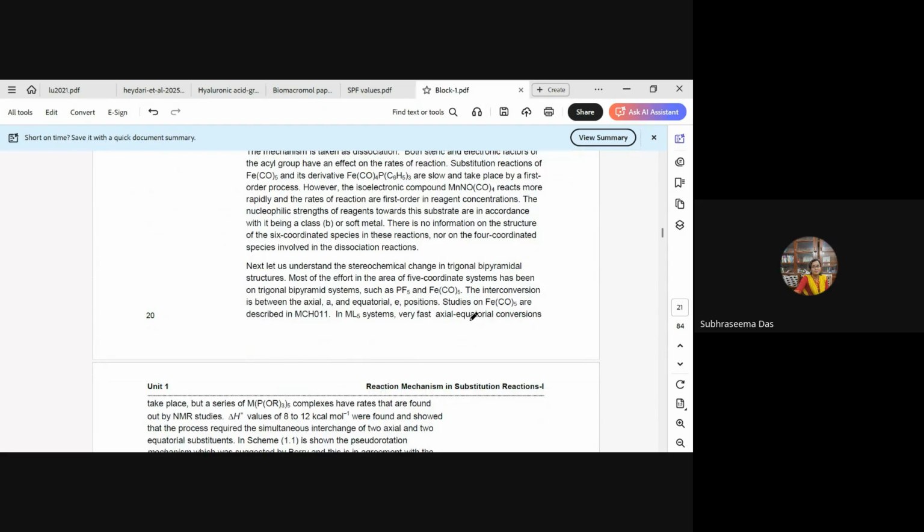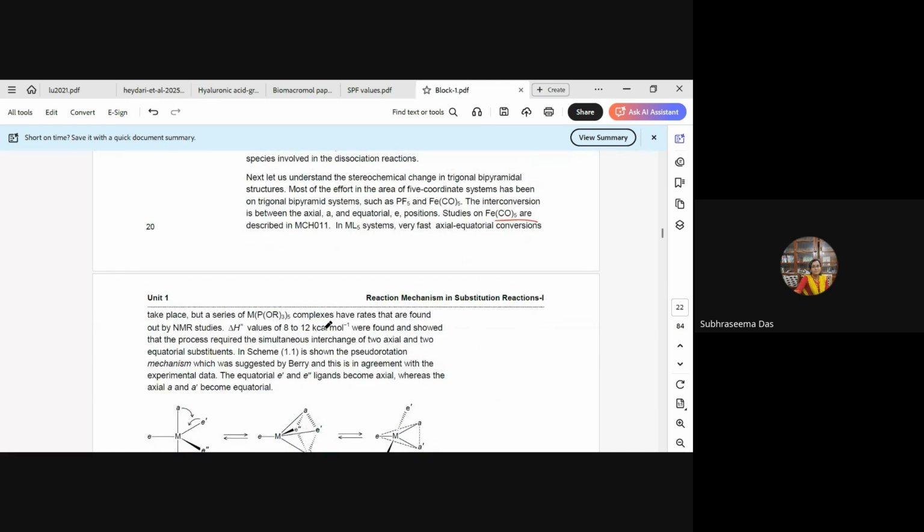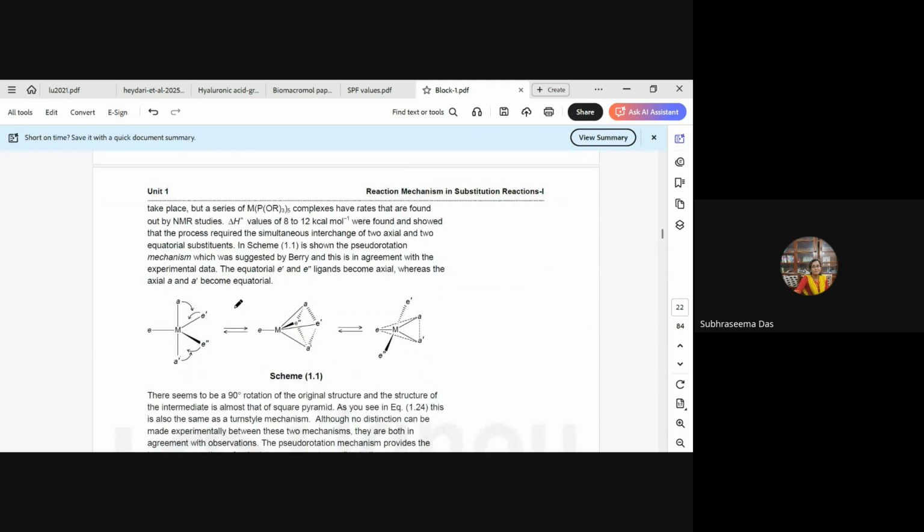The axial positions are given as A and the equatorial positions as E. The studies on pentacarbonyl iron have also been described in previous inorganic classes. In ML5 systems, very fast axial-equatorial conversions take place, but for M(PR3) complexes, the rates are found only by NMR studies. You see how the conversions take place in this scheme.